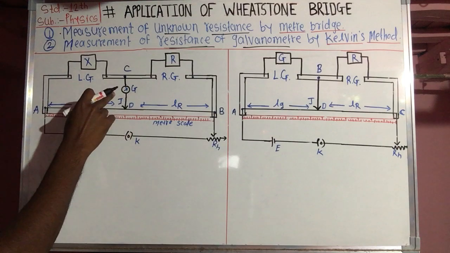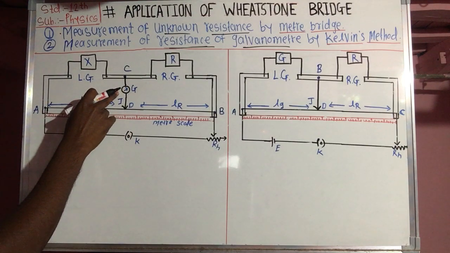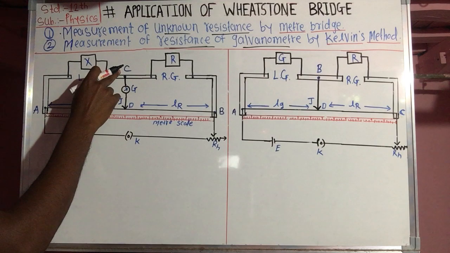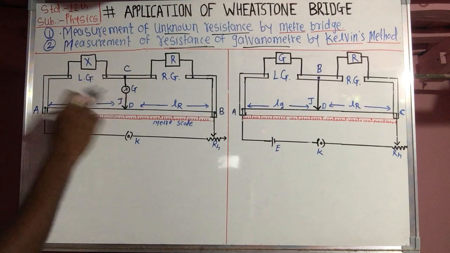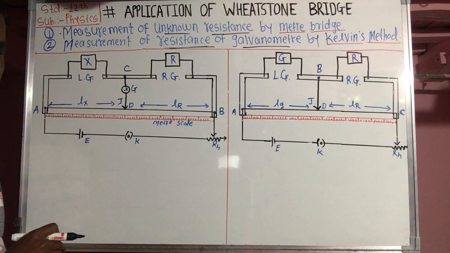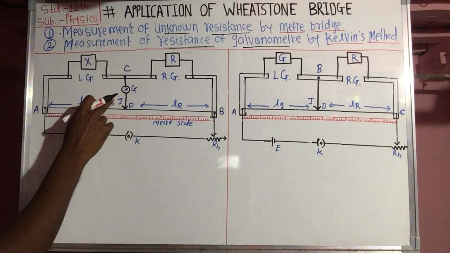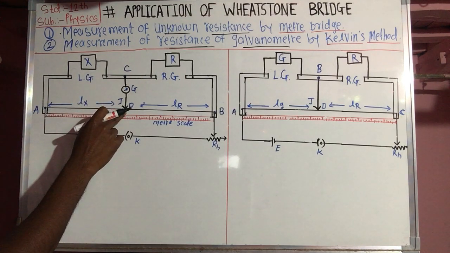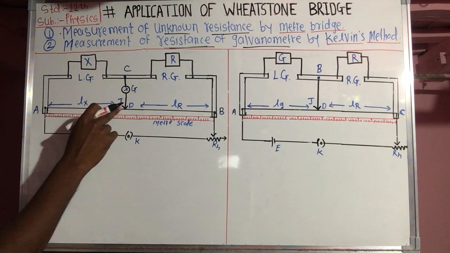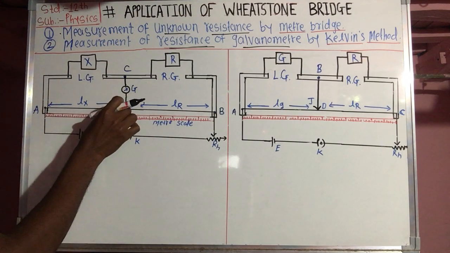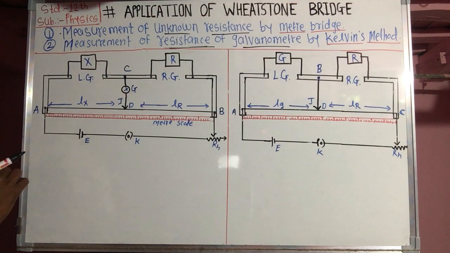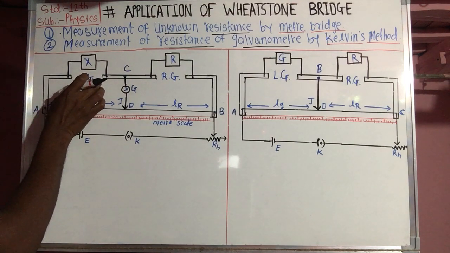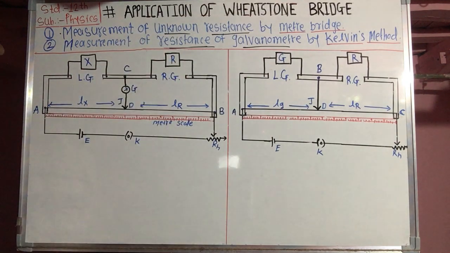Another connection: one terminal of a galvanometer is connected to the center strip at point C, and its other terminal is connected to the jockey, J. Remember that this point is not a proper connection; it is variable, there is no fixed contact. In the left gap we connect the unknown resistance that we are going to find out, and in the right gap we connect a resistance box having different keys.